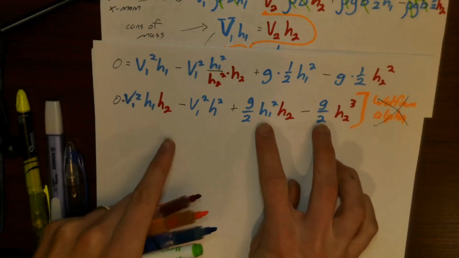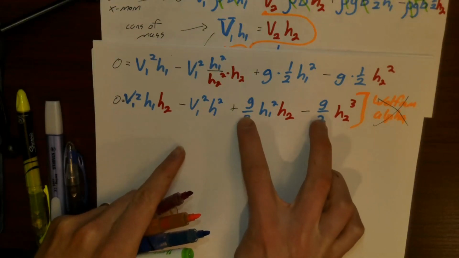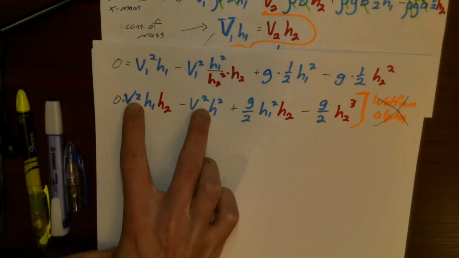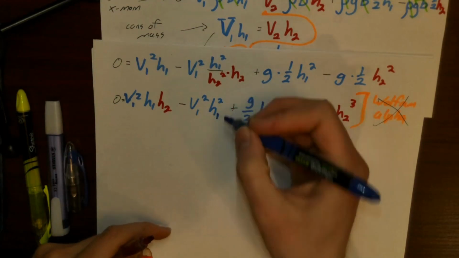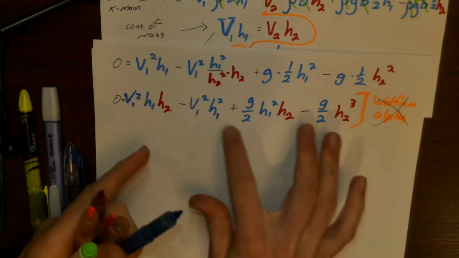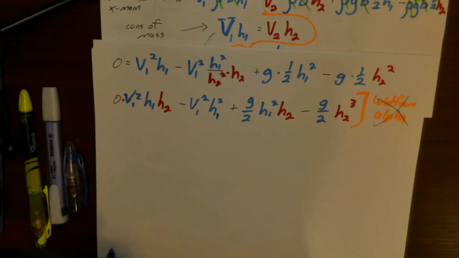If you notice, we have some terms, right? We have a G over 2 in these terms. We have a V1 squared. Oh, sorry, I think I forgot an H1, right? If we can group some like terms, we can do some factoring, we can do some manipulations here.